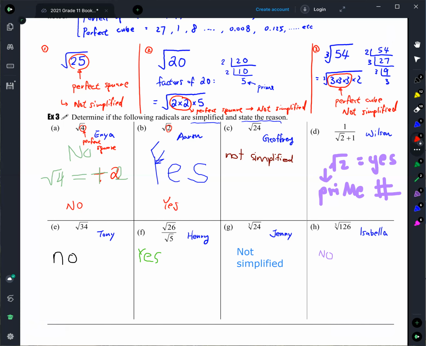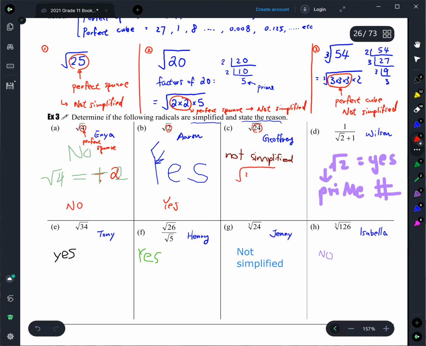Okay, for 24, question C. Geoffrey, why do you think it's not simplified? Because square root of 2 times 2 times 2 times 3, and there's a perfect square in there. Okay, so we can break it down into 2 times 2 times 2 times 3.